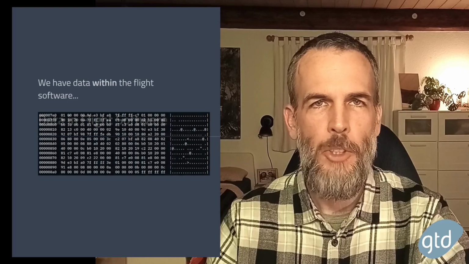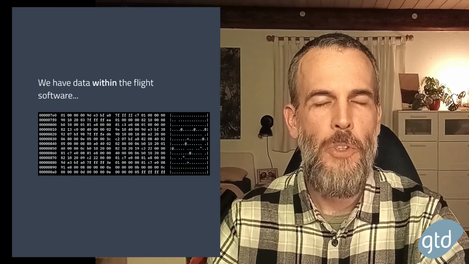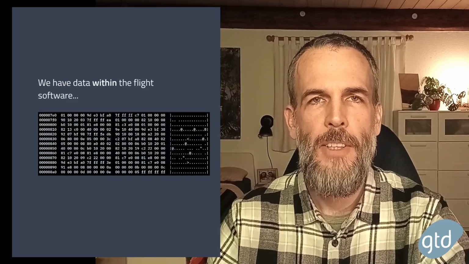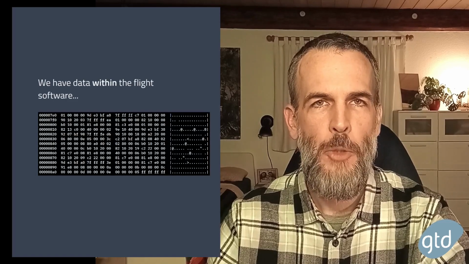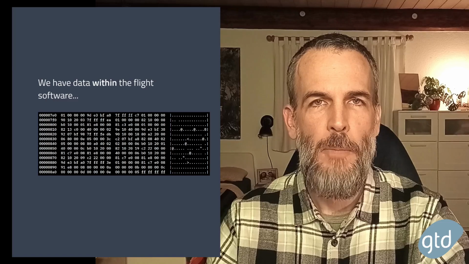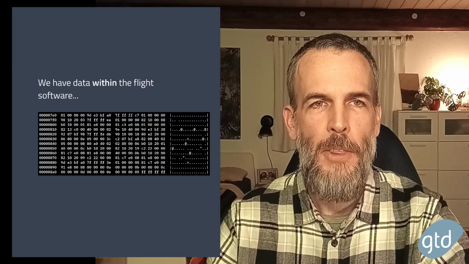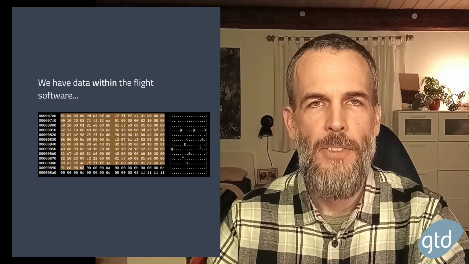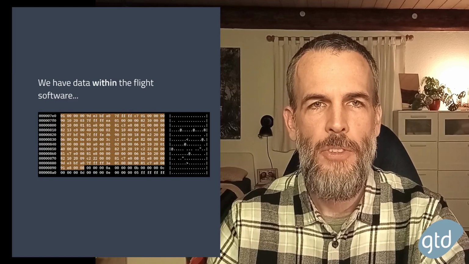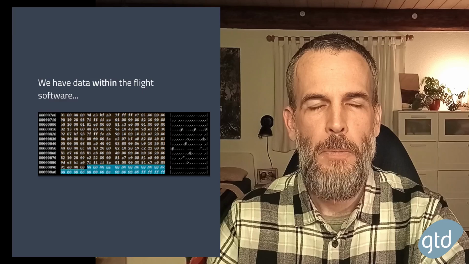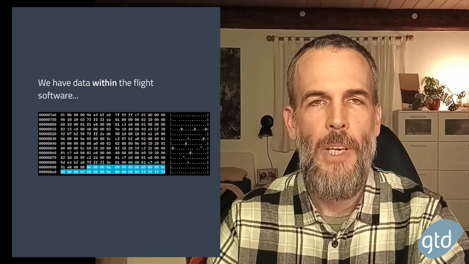So where do we find data within flight software? If we take a look at object code, it's not so easy to distinguish where the data is and where the instructions are, as we can see on the example we are seeing here. This would be the bytes where we have instructions, and this would be the area where we have the data.